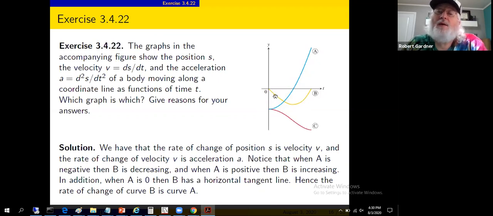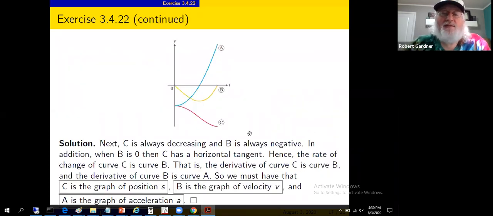Not only that, but at time 0, B is 0, and C has a horizontal tangent line. At this last time point over here, B is 0 again. Look at that. C has a horizontal tangent line again. Sounds to me a lot like the derivative of whatever this quantity is represented by quantity B. The derivative of curve C is curve B.